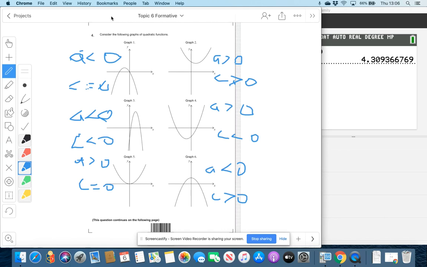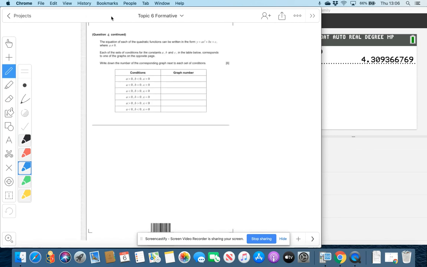But again, A and B are equal to 0 on this one. Okay, and then the other ones are, it looks like graph 6 hasn't been moved left or right. So no horizontal translation there on that one. So we can fill in the answers based on the indications on the next page.